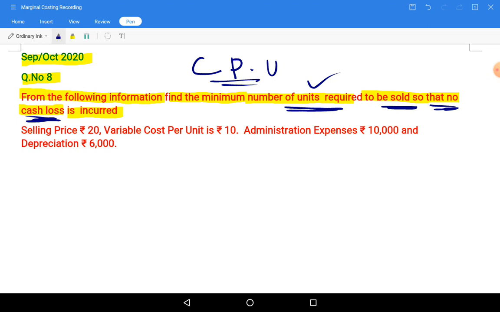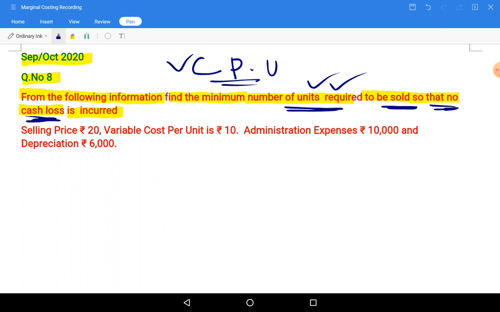No profit, no loss is the BEP, fixed cost by PV ratio in rupees, whereas he is asking you to find out in units. So in units, fixed cost divided by contribution per unit we need to take to get the answer in units. So this is a short question. He is asking you to find BEP in units, that too no cash loss.